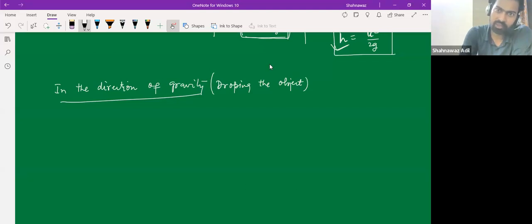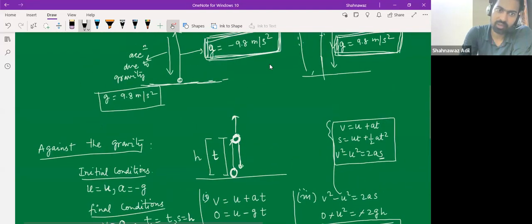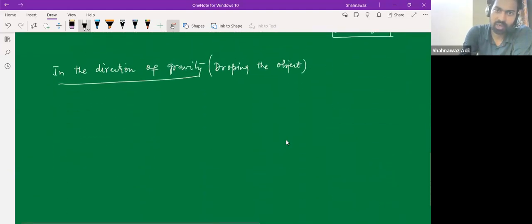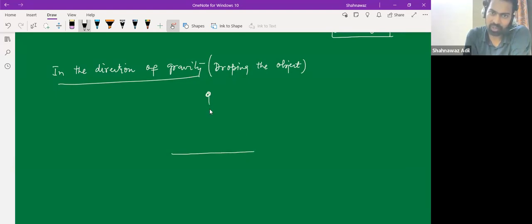And this was throwing upwards. So in this case, we are dropping this object, right?